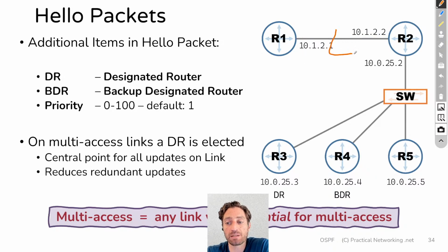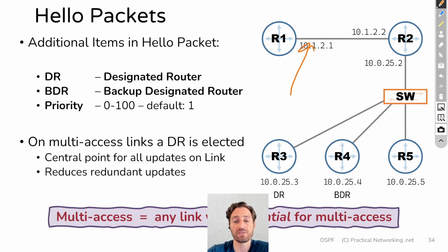So if there might be a hub over here, it might be possible that at some point in the future, another router will be connected to that hub. Since there is the potential for multiple access on that particular link, this also would be considered a multi-access link, even though you and I can see the topology and see that there are only 2 routers on this particular link.